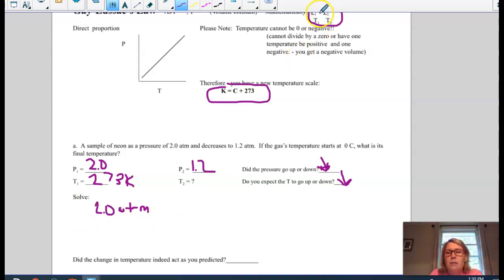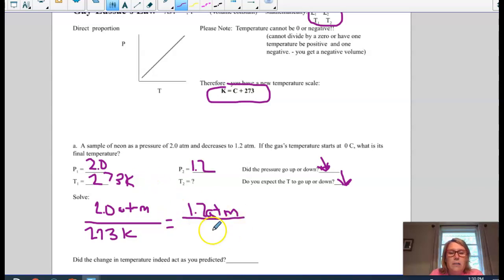So the equation is P1 over T1, which is 273 K, is equal to 1.2 atm over T2. So you're solving for T2.